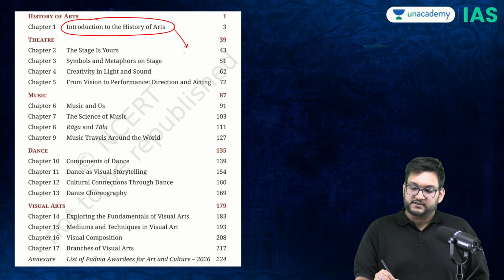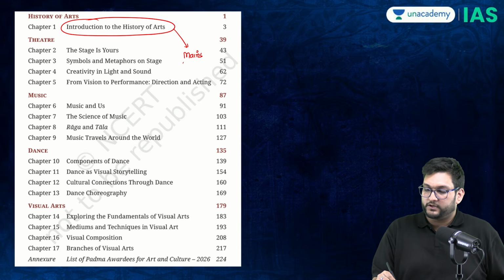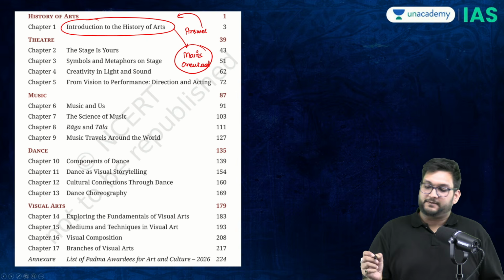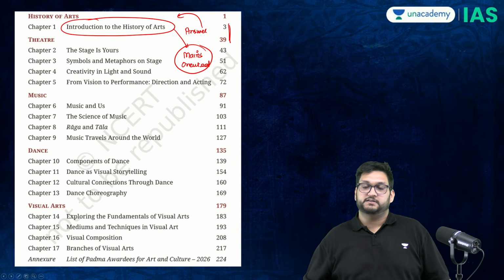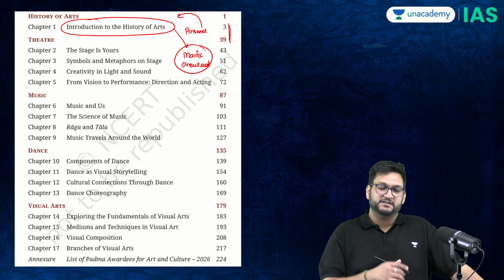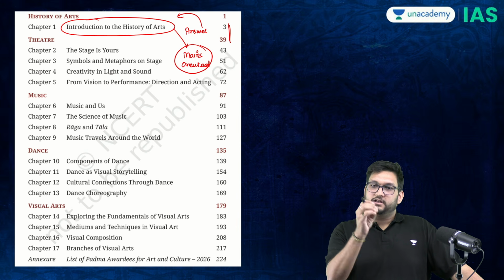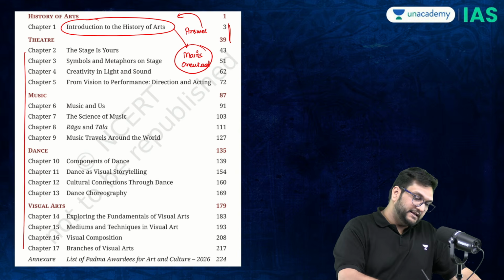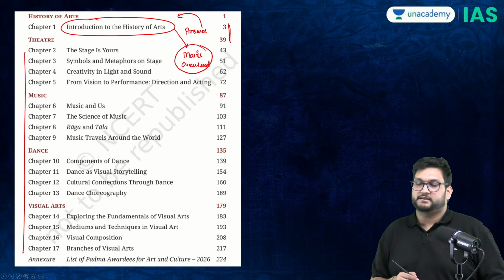This in itself is a pure mains oriented area, and you can write multiple answers out of this chapter itself, a long chapter, 38 pages, but valuable. Other than that, I will also go through the other chapters, but only the relevant portions I will discuss, not a lot relevant in these ones, but this is very, very important in that sense.